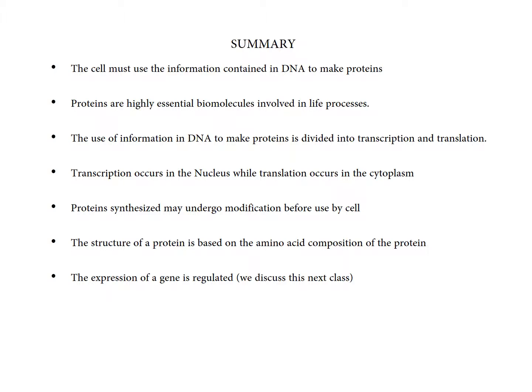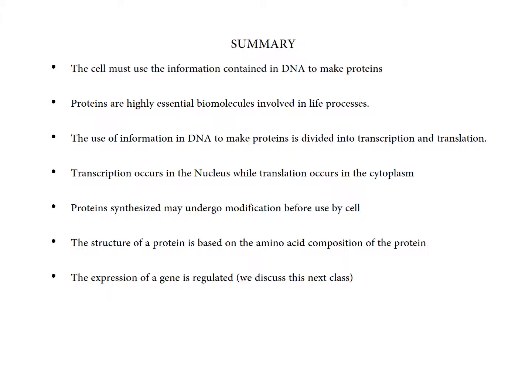So in summary, the cell must use the information contained in DNA to make proteins. These proteins are highly essential biomolecules involved in life processes. The use of information in DNA to make proteins is divided into transcription and translation.